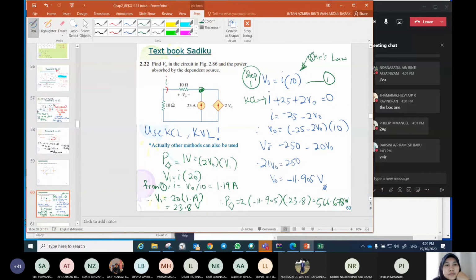Okay, so now this small I enters this node, this 25 amp enters this node, and this is a current source, 2V naught, entering this node. So I plus 25 plus 2V naught is equal to, is there any current leaving the node?